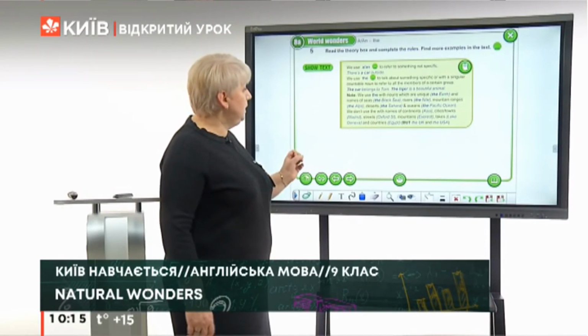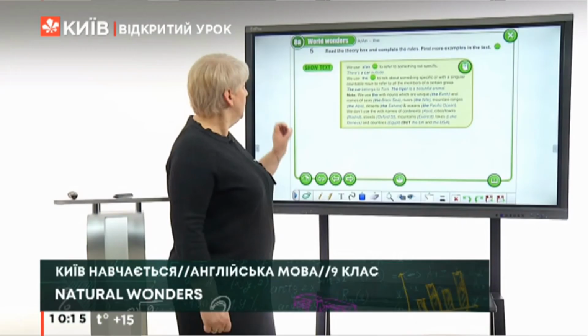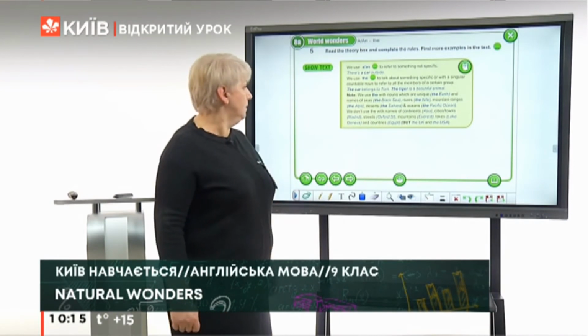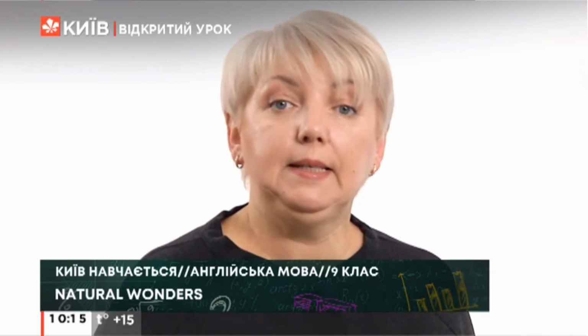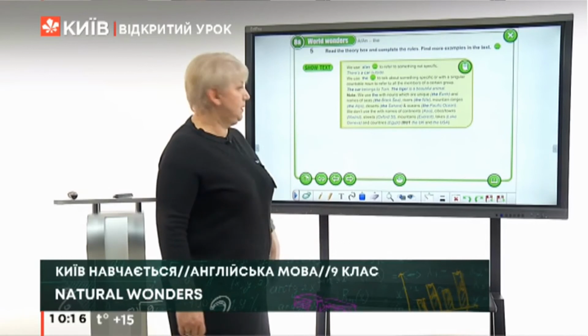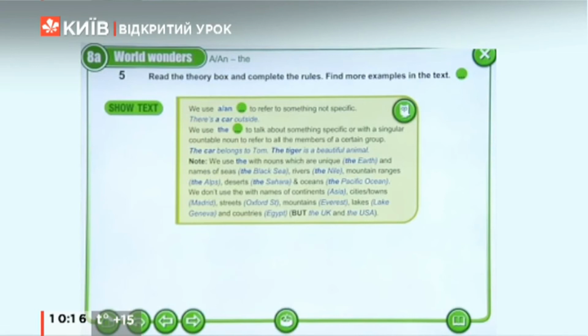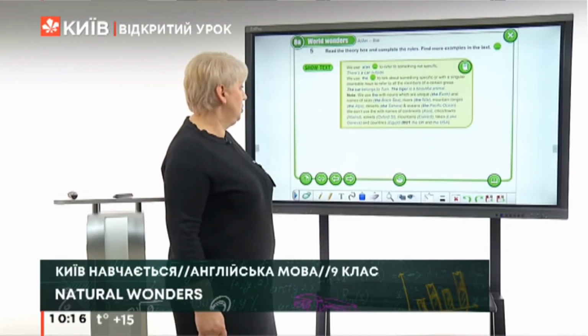And names of seas, rivers, all water resources except lakes: the Black Sea, the Nile. With all mountain ranges except separate mountains: the Alps, for example. Deserts: the Sahara. Ocean was mentioned as a water resource: the Pacific Ocean.